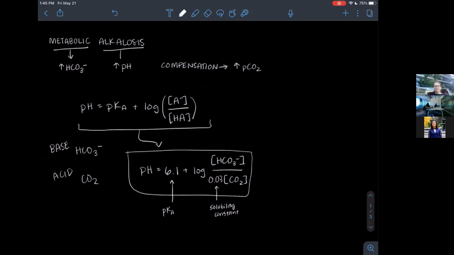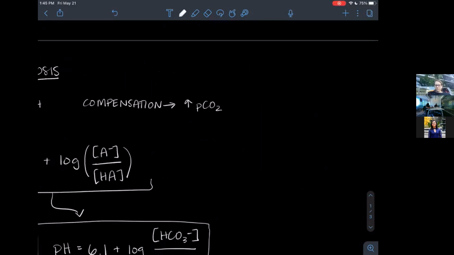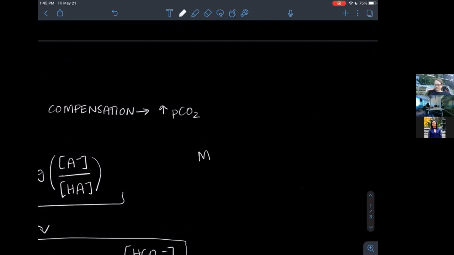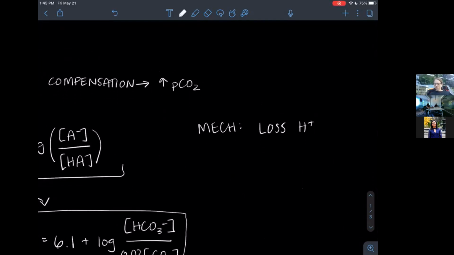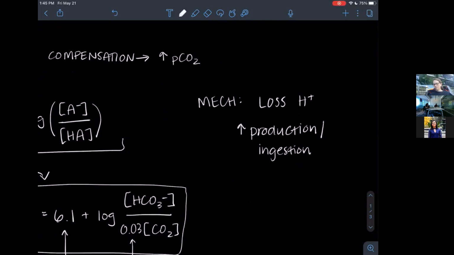Okay, so the mechanism of any alkalosis is you're either going to have a loss of protons, or you're going to have an increased production or ingestion of bicarb.